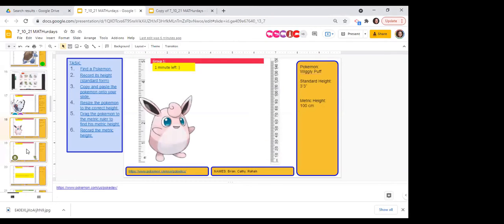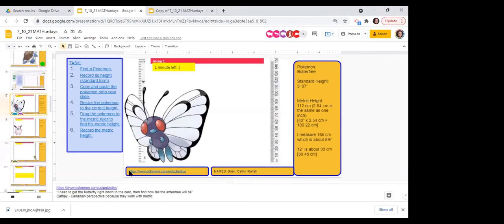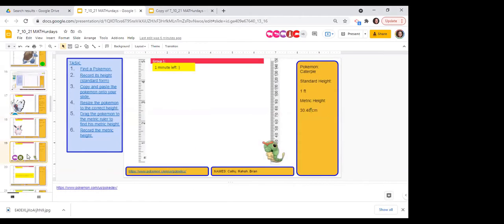Yeah, one of the things that was discussed was the fact that we're not using just one conversion, we're using a couple of conversions because we're having to go from feet to inches and then from inches to centimeters.